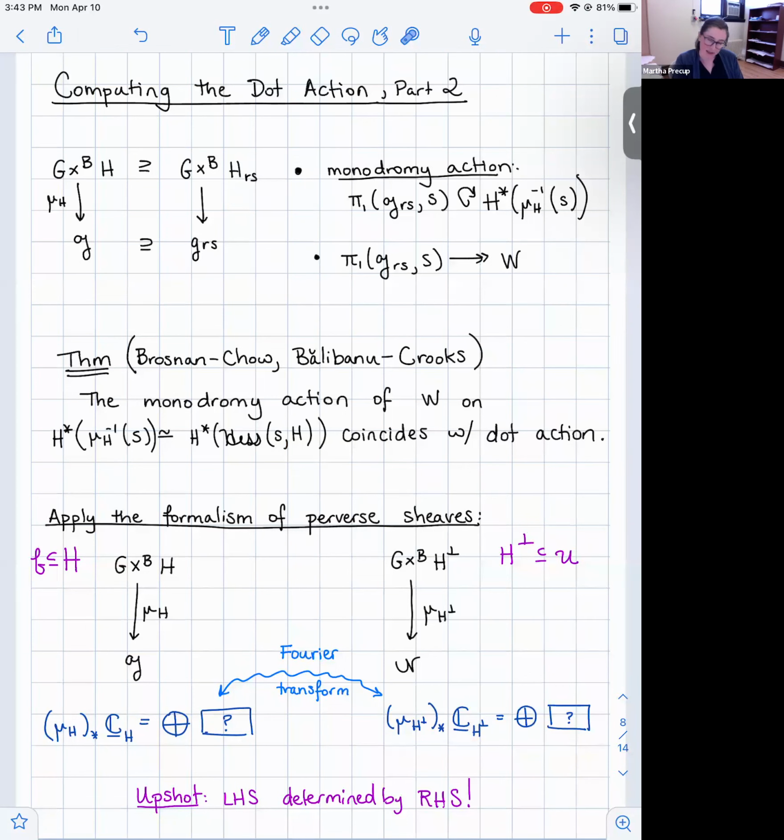And the really nice thing about the right-hand side is that H perp is now very small comparatively, contained in this nil radical of the Lie algebra. That means that the image of this morphism only hits nilpotent elements of my Lie algebra. And now I'm talking about perverse sheaves on the nilpotent cone, and I can use the Springer correspondence here to determine the right-hand side of this story.